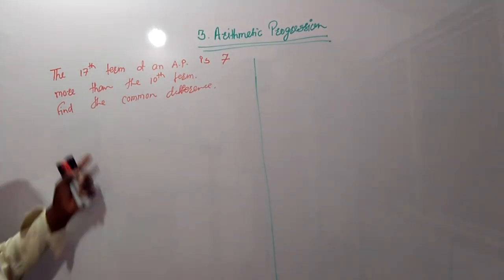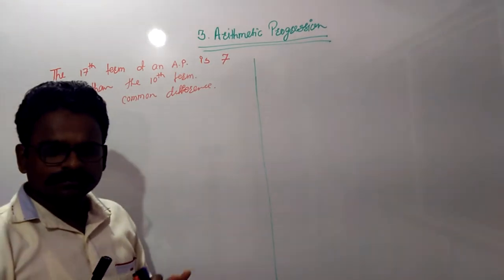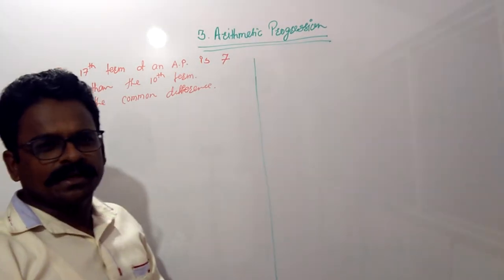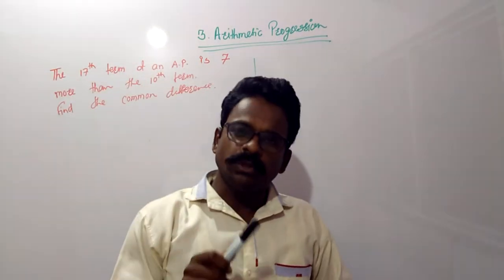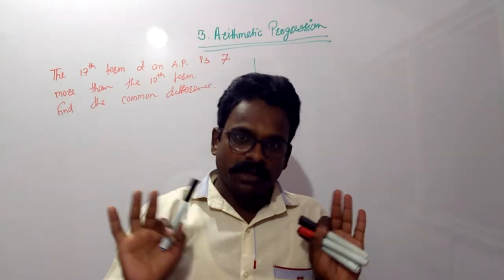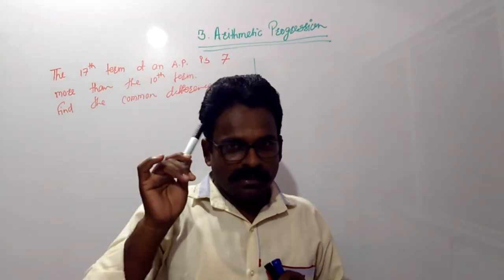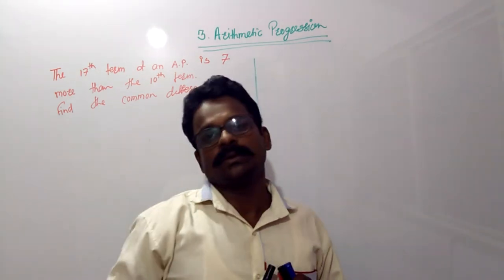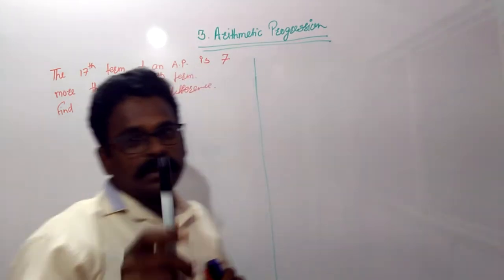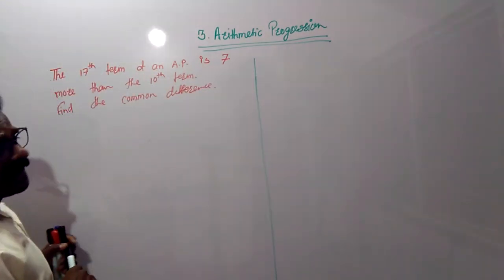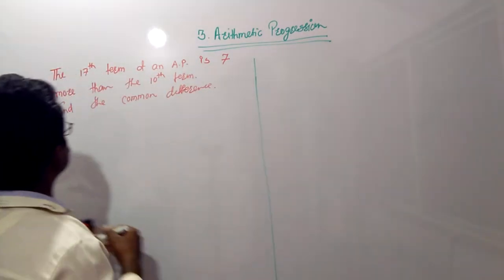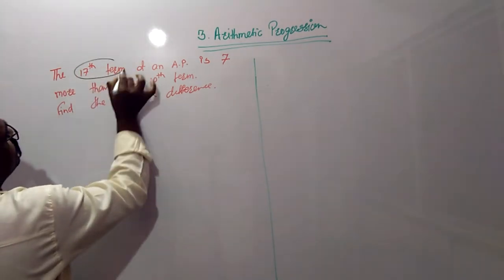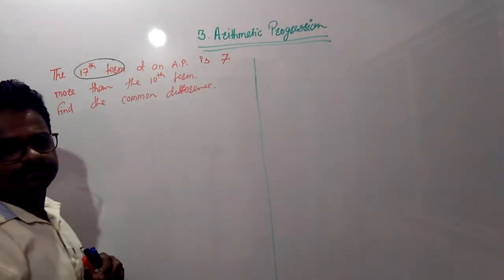So actually the problem is very easy. When word problems are there, first you need to understand them in your mind, and then go for the solving. So let's understand the problem first.